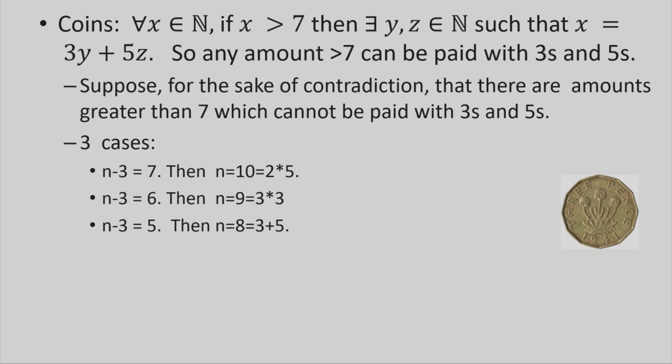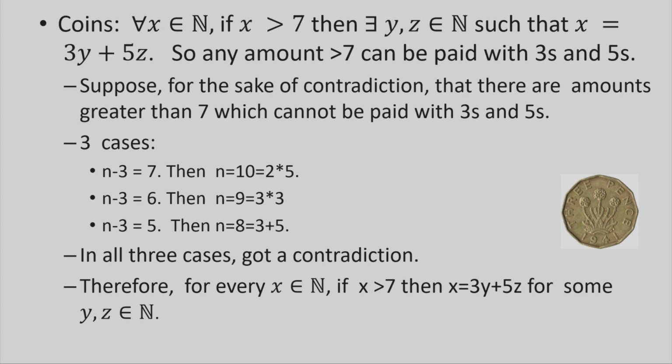We could do 8 as 3 plus 5. So now we are out of cases because we cannot take anything smaller, we cannot take anything larger, and we cannot take anything that's not an integer. In all 3 cases, we got a contradiction because we managed to pay 10, 9, and 8, the only possible numbers, with only 3's and 5's.